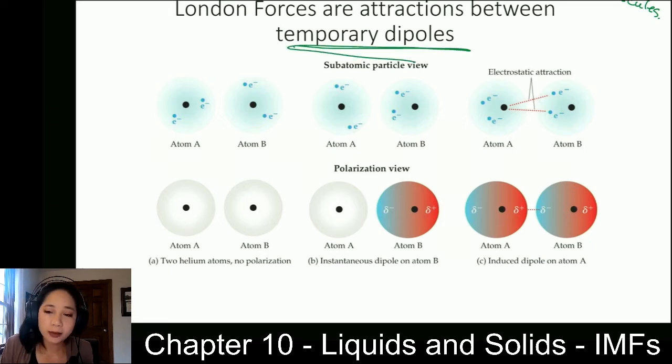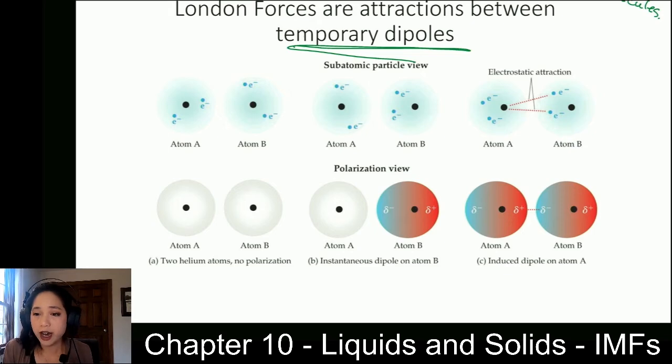And so what that means is, we need to come up with an attractive force, but nonpolar molecules don't have permanent dipoles in them. But nonpolar molecules do have temporary dipoles. So what a temporary dipole is: we have electrons in their electron clouds around a nucleus, and those electrons are moving in space.